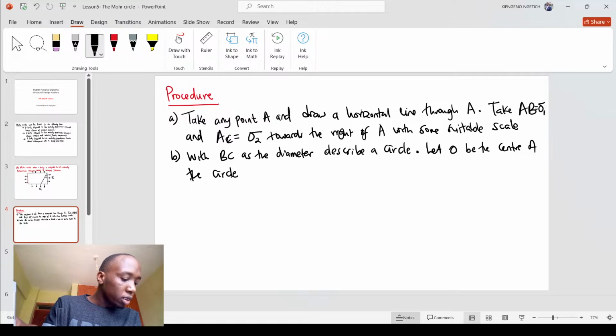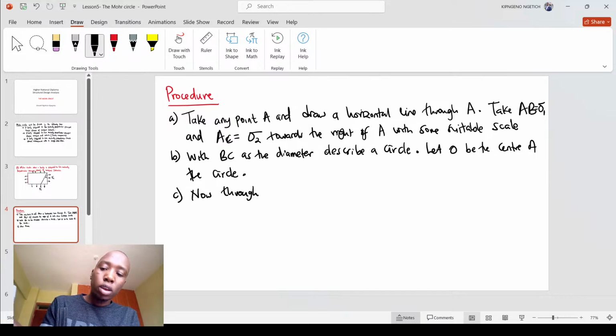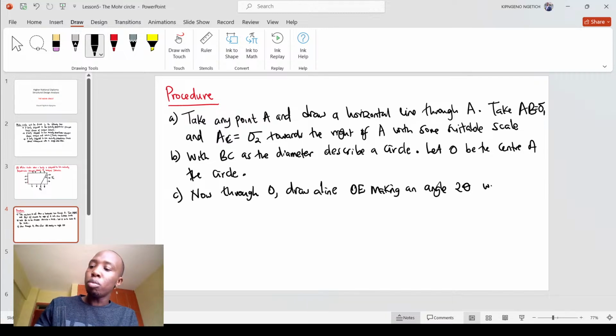Now through O, draw a line OE making an angle 2 theta with OB.